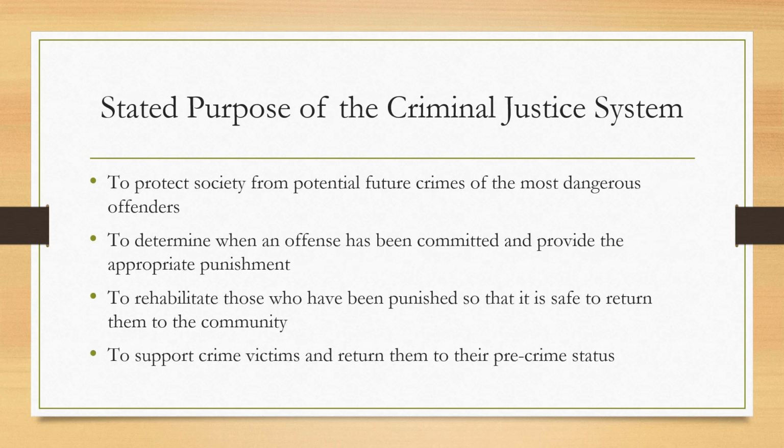The stated purpose of the criminal justice system is to protect society from potential future crimes of the most dangerous offenders, to determine when a crime's been committed, and to punish those, to rehabilitate those who've been punished so you can return them, and to support victims in return to their pre-crime status. These are all noble goals.